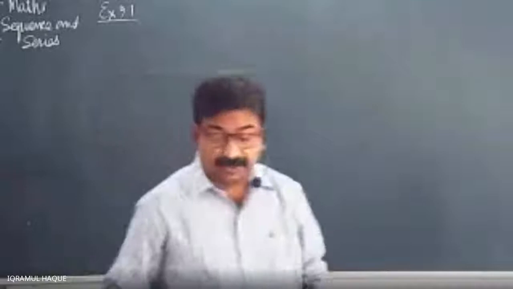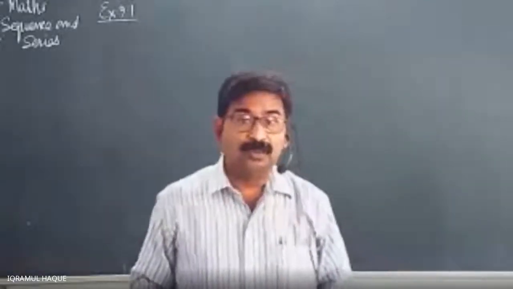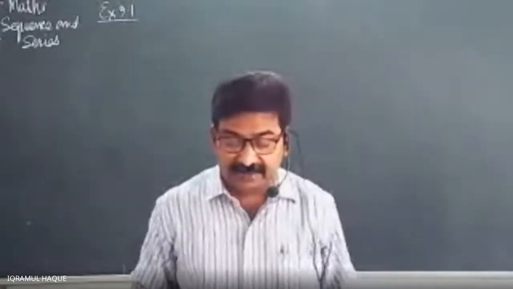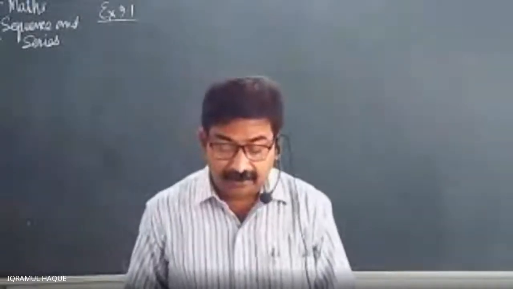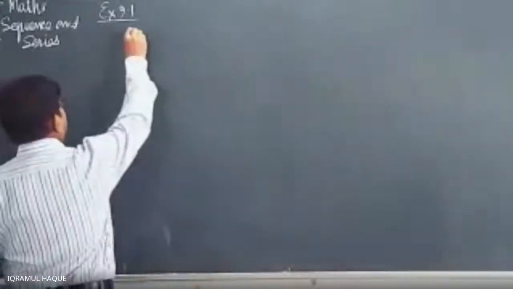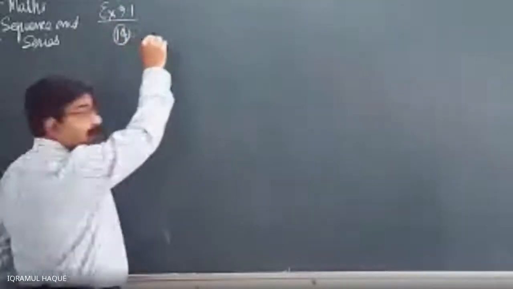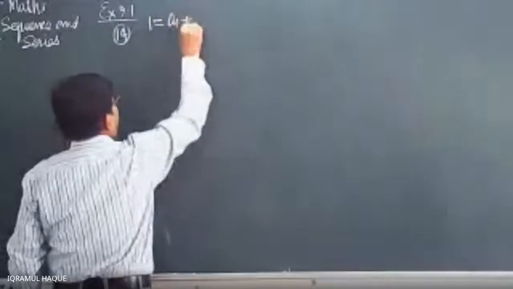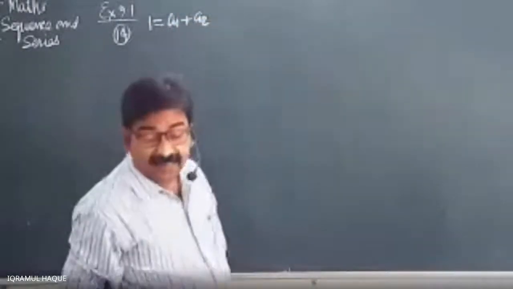I am solving this question number 14 about the Fibonacci sequence. The Fibonacci sequence is given: A1 is equal to A2 is equal to 1. And An is equal to A(n-1) plus A(n-2).